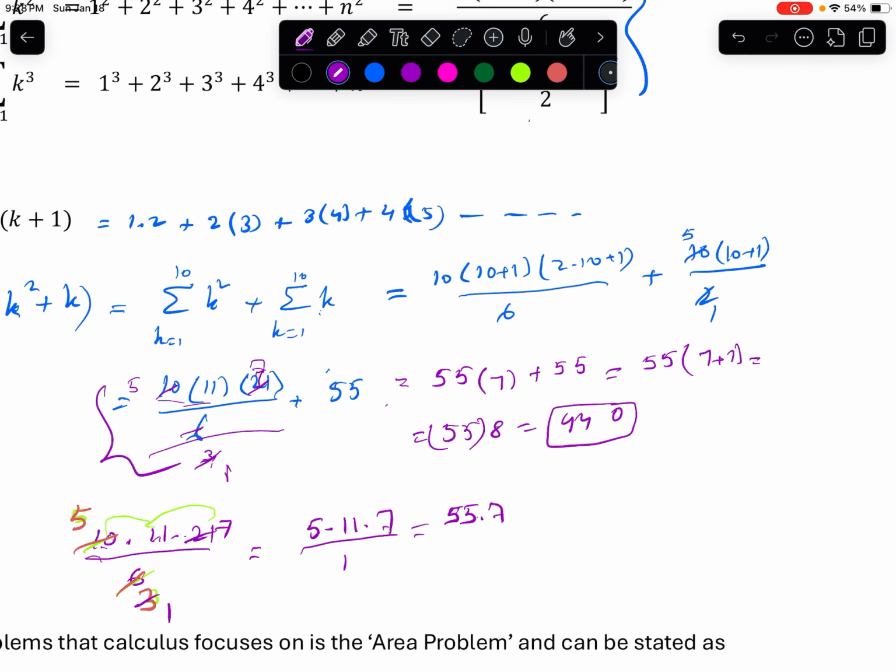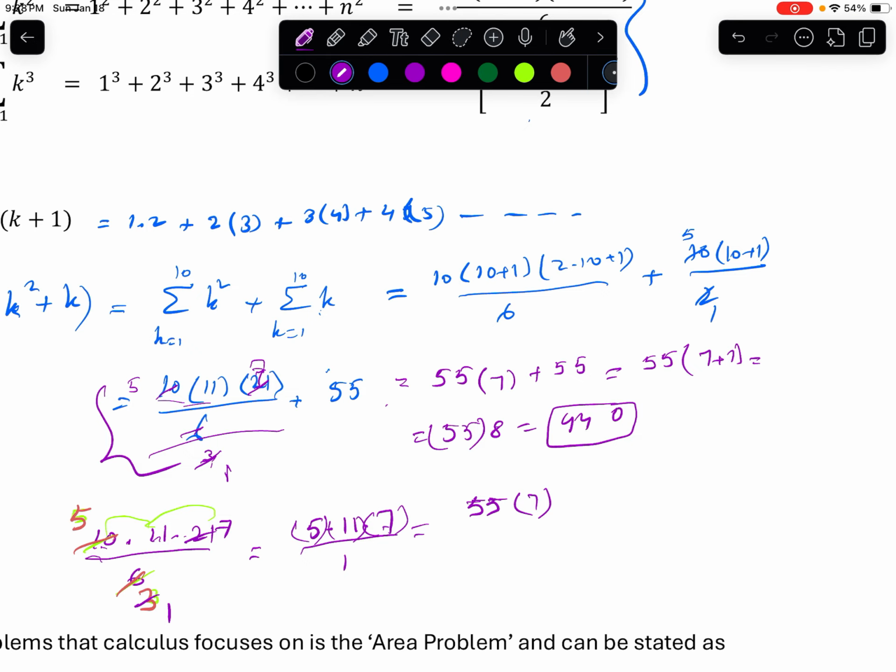Now, since we have only two numbers left, it's better to put them in brackets so that this point doesn't look like a decimal. Although I could have used brackets over here as well, but now I really need them. So at least, if not the first one, the second one must be put in brackets.